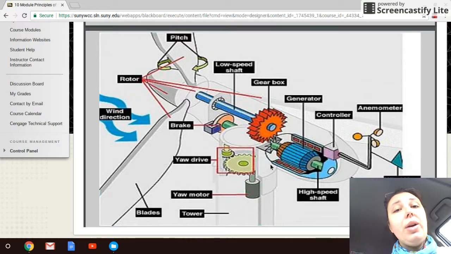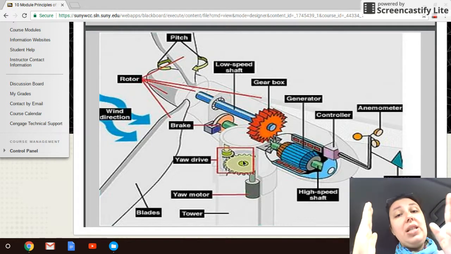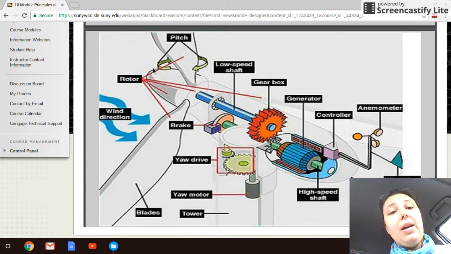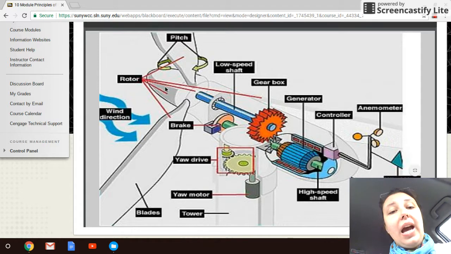If I'm working with a very large horizontal axis wind turbine system, I have a component on it that's called the yaw drive. And the yaw drive is in place so that it can turn the nacelle, or the housing body, to face what's called upwind, or into the wind, so that the blades and the rotor are facing the wind direction.